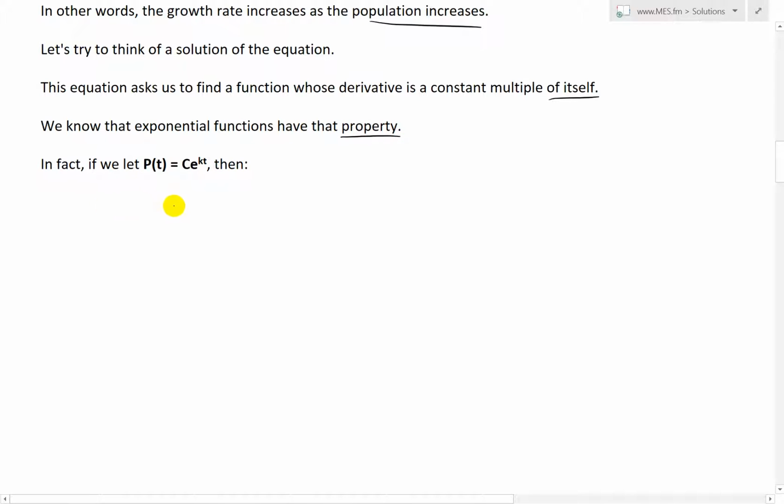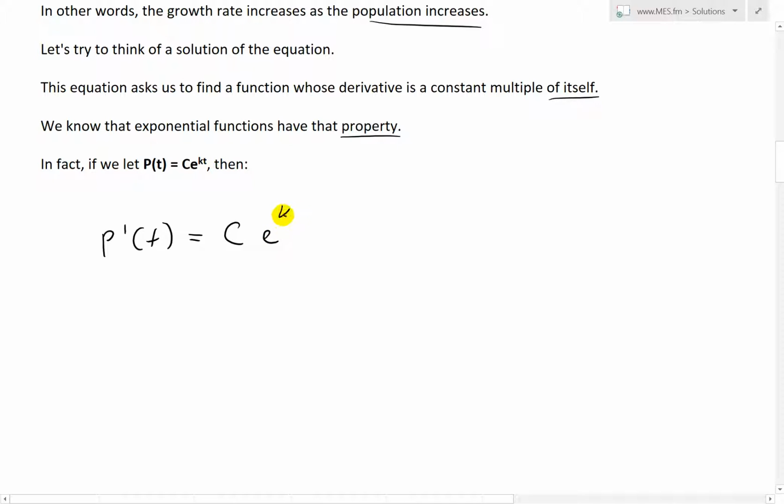In fact, if we let p of t equal c e to the power of kt, then the derivative p prime of t equals c times the derivative of e to the kt, where k is also a constant.